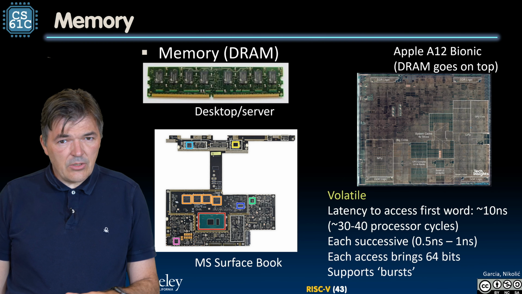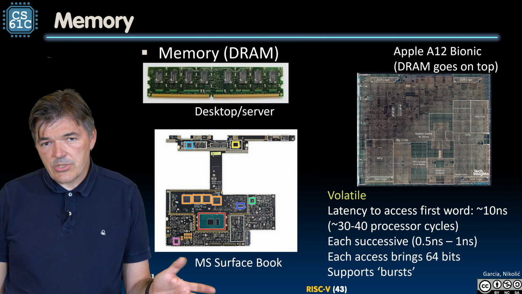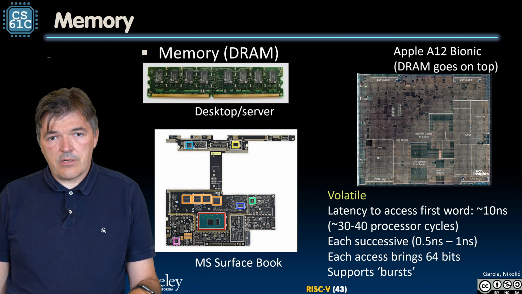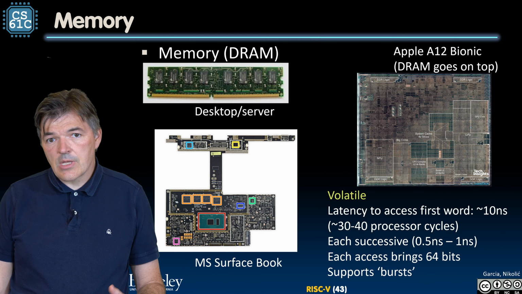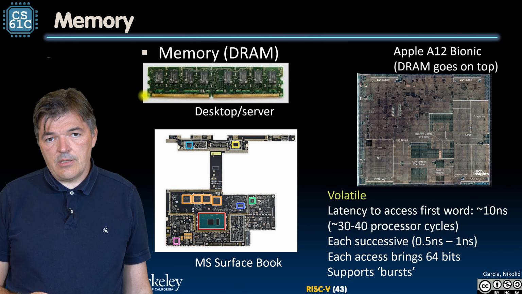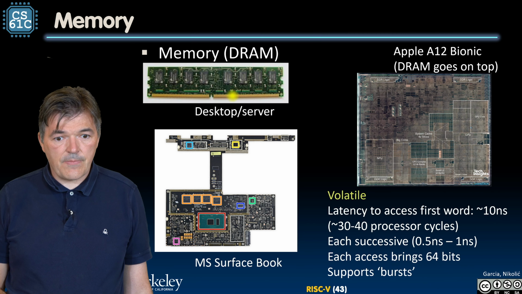The technology for all DRAM chips is pretty much the same or very similar, but the protocols or interfaces they use for talking to the microprocessors, and the packaging, may differ. Here we are looking at a type of DRAM used in desktops and servers.